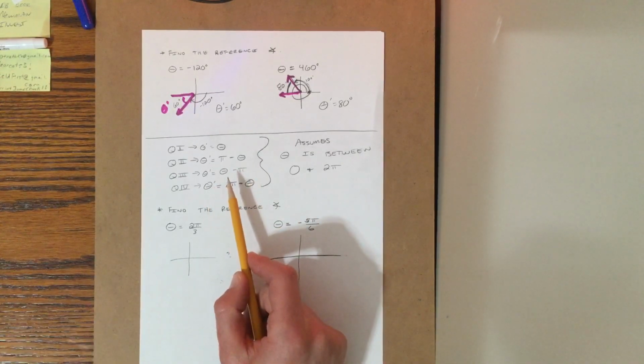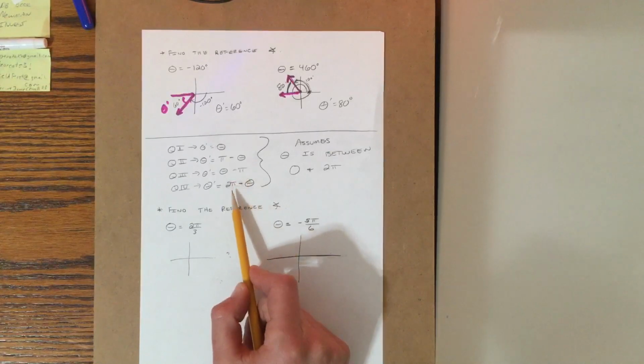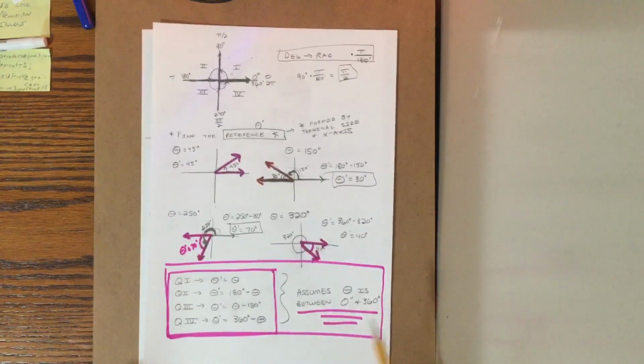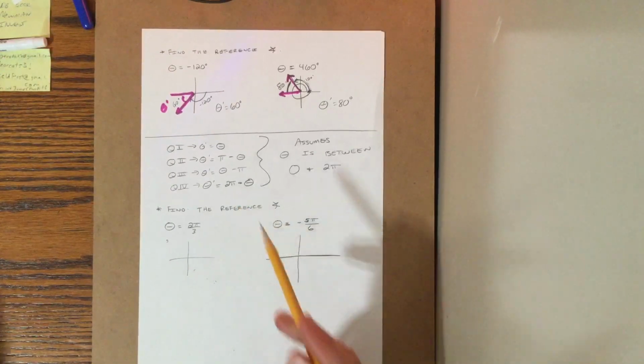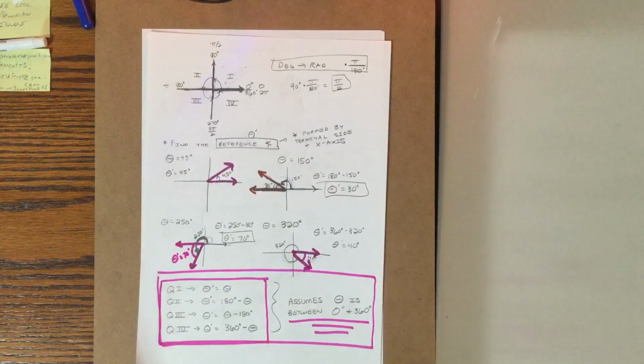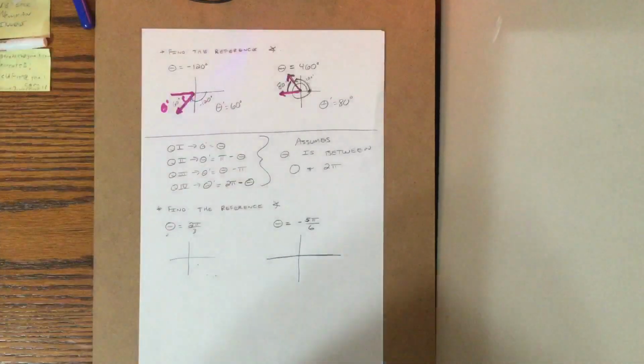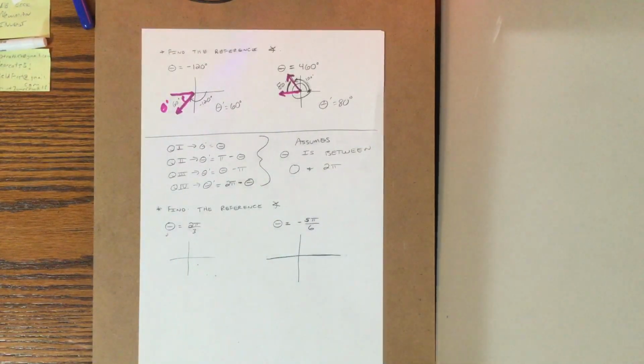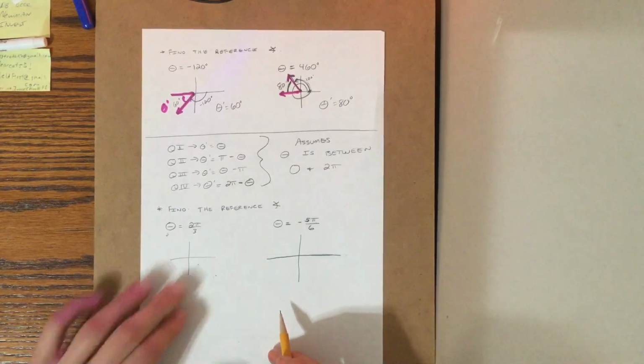Same deal here: the conversion factor 360 degrees is equivalent to 2 pi, from what we learned in the first part of the first video. We can utilize those if we had to find a reference angle in radians.